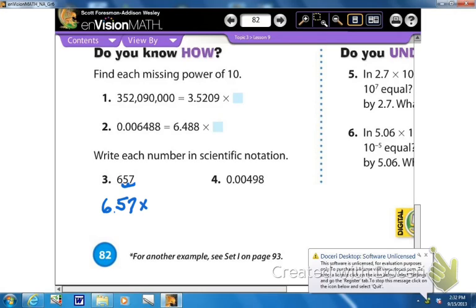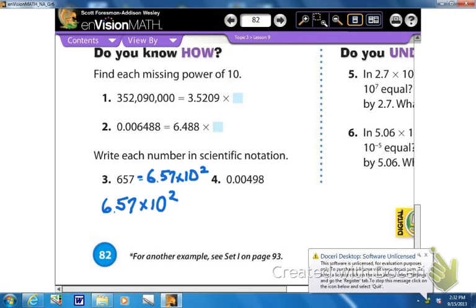And then I'm going to multiply by a power of 10. Well, I moved the decimal to the left, so it's going to be positive. I moved it 2 places, so it's going to be 2. So 657 is equal to, in scientific notation, 6.57 times 10 to the second power.